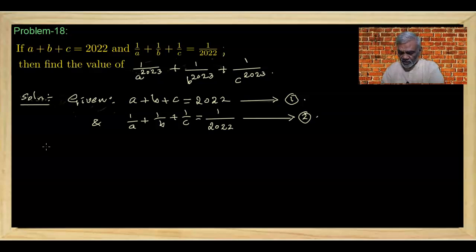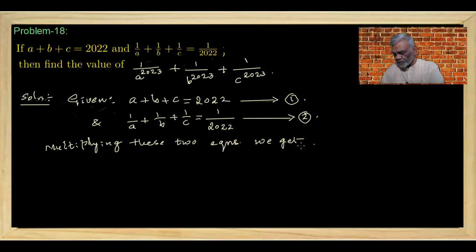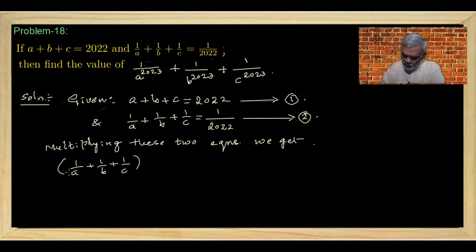Multiplying these two equations, we get 1 by a plus 1 by b plus 1 by c into a plus b plus c equal to 2022 into 1 by 2022, equal to 1.